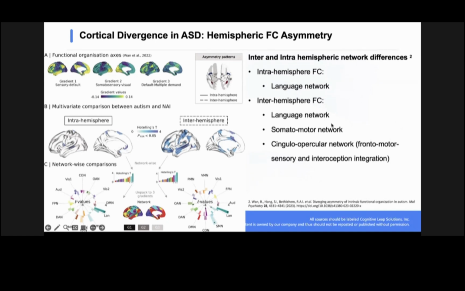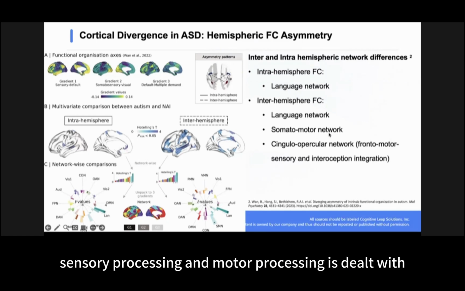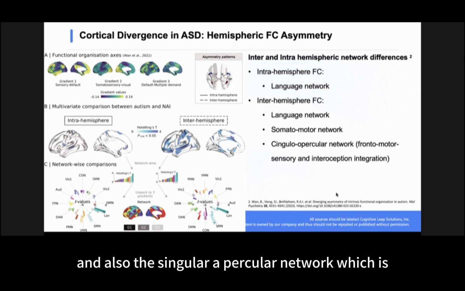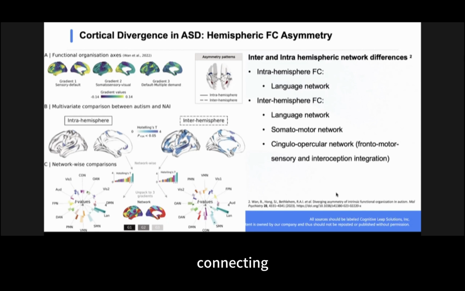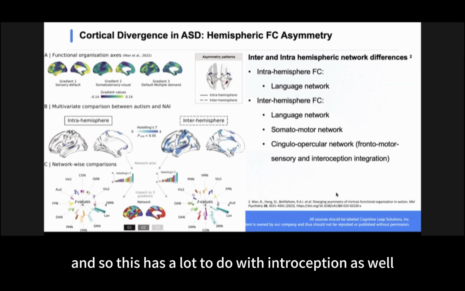And so the language network and the somatomotor network, so the way sensory processing and motor processing is dealt with, and also the cingulo-opercular network, which is connecting the frontomotor sensory areas as well as the insula. And so this has a lot to do with interoception as well.